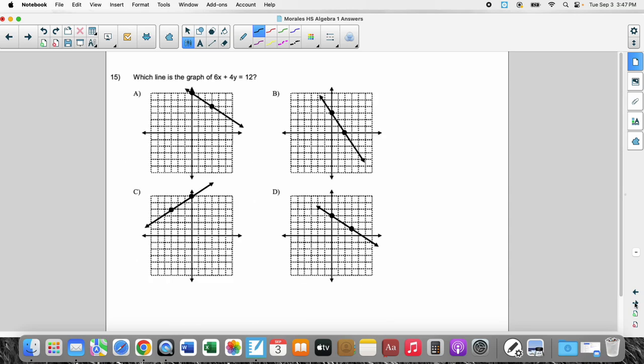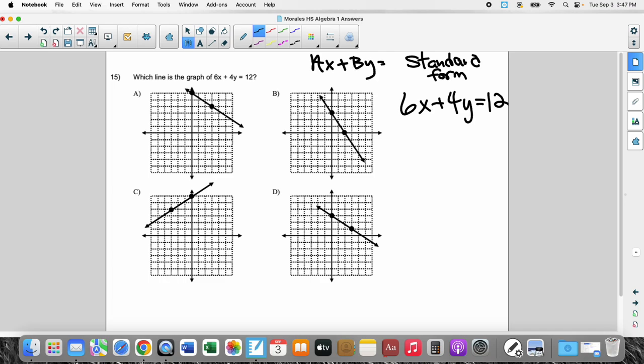Which line is the graph 6x plus 4y equals 12? So as I mentioned earlier, this is called standard form in linear equations. And standard form is when you are in this format, ax plus by equals c.